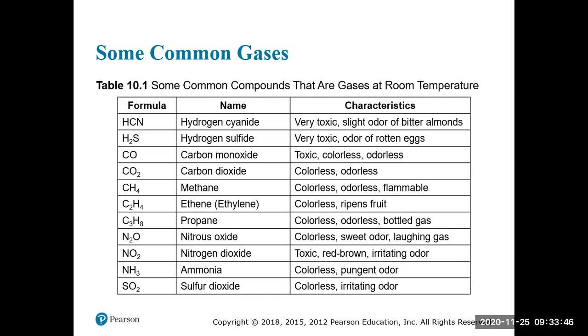CO2, we hear about CO2 emissions all the time. Once again, it's colorless and odorless. Methane is a flammable gas. Ethylene, C2H4, is an interesting one. Ethylene is what they expose fruit to in order to ripen it. You hear about that with bananas all the time.